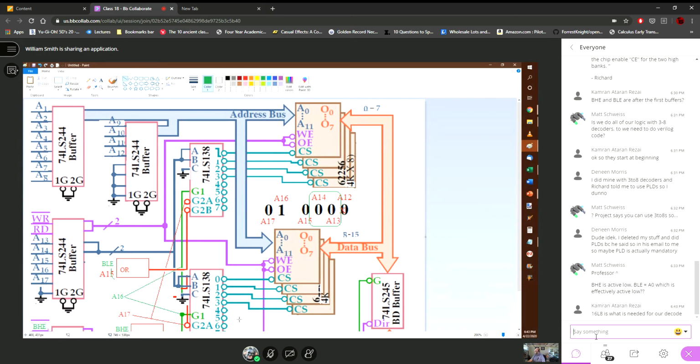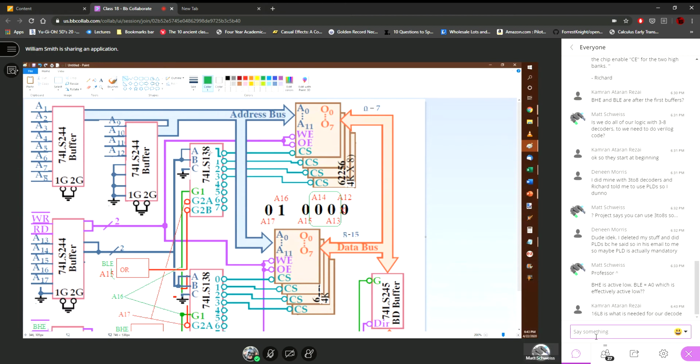If you want to use that, you can use that. Oh, this is 74LS138. So either way, you can use a 16L8 for the decode, or in this case, we're using the standard 74LS138.